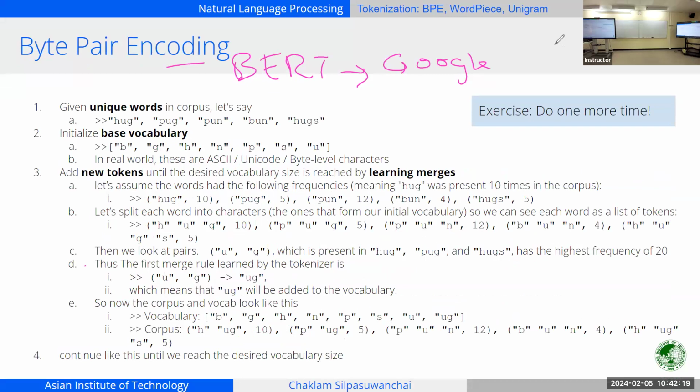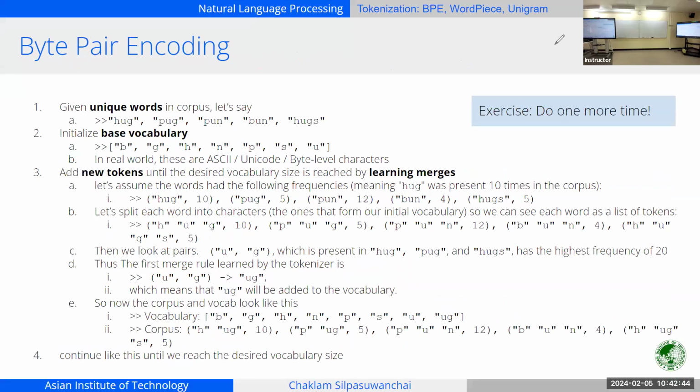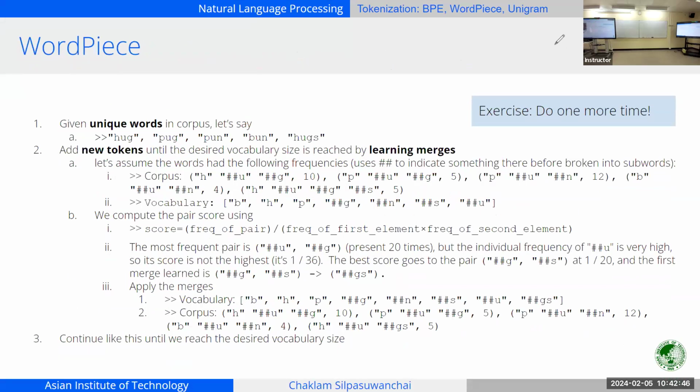I'll give you a hint: it's the same company that came up with GPT. OpenAI. Okay, so byte pair encoding is by OpenAI, and WordPiece is by Google.